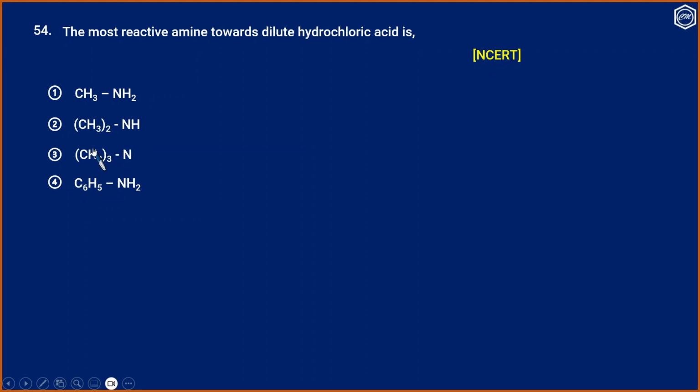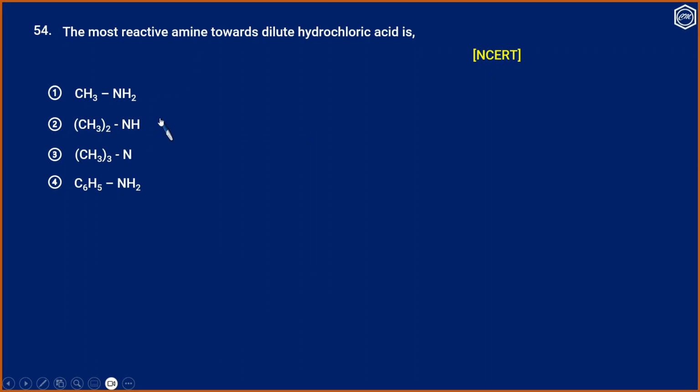So we may opt for (CH3)3N. To be reactive towards dilute hydrochloric acid, it should be the most basic one. And we expect this to be the most basic one, but that is not the correct answer.